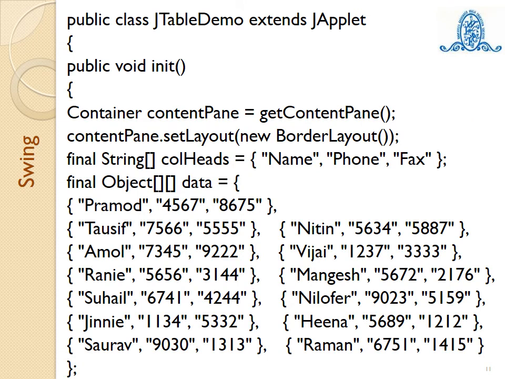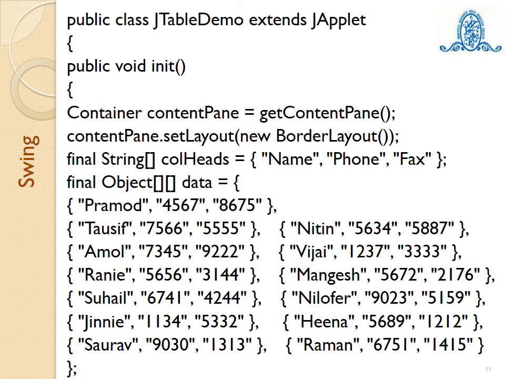So this is an example of JTable. Here the applet class is defined, then the init method. In the init method, the content pane object is created using getContentPane. Then the layout is set as BorderLayout. Then here I am using the first constructor form of JTable, which consists of data, a two-dimensional array, and column heads, a one-dimensional array.